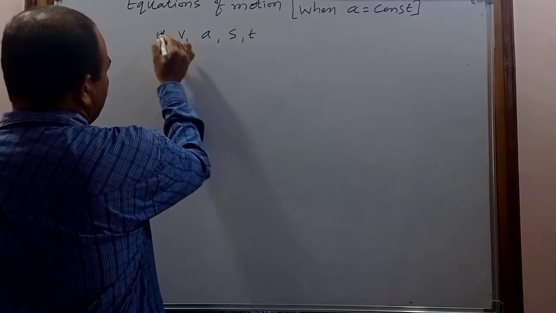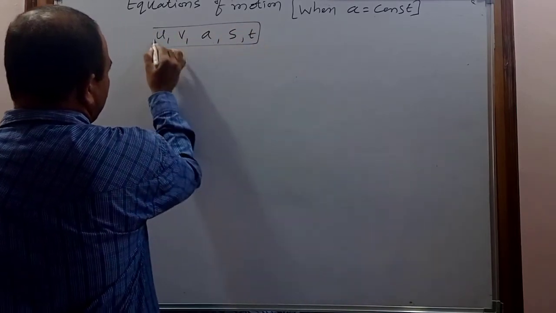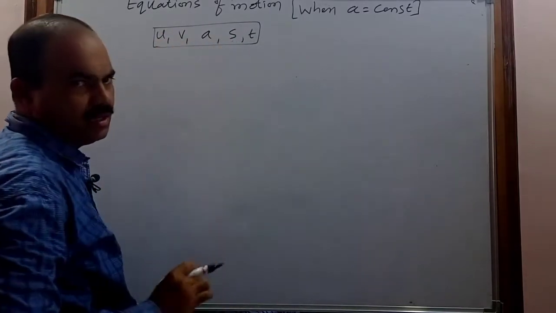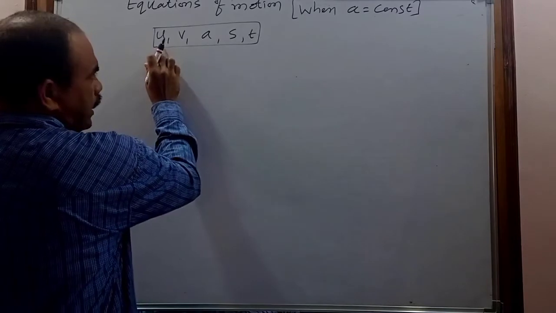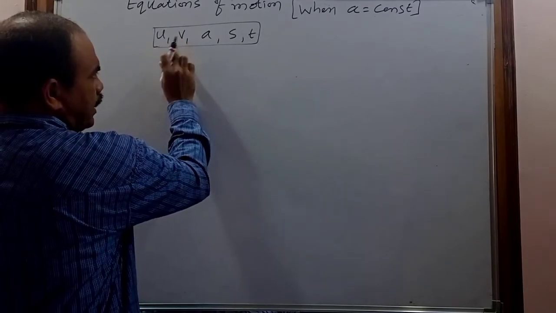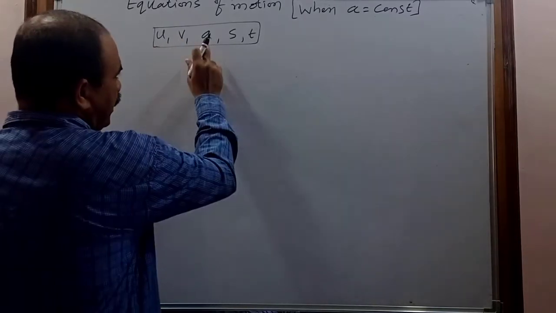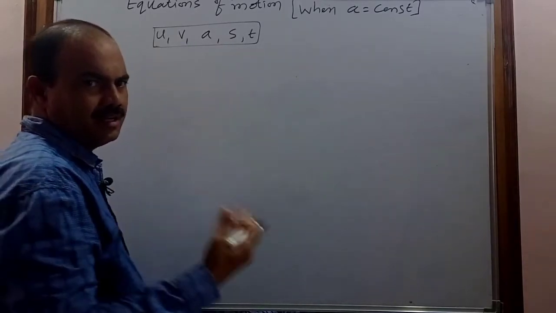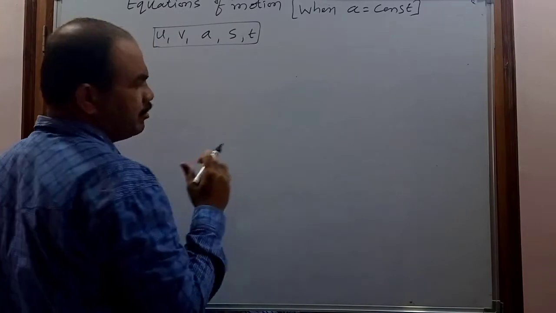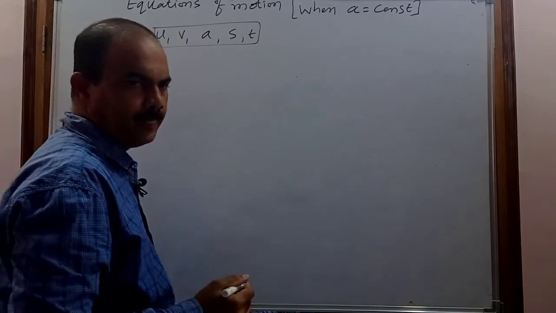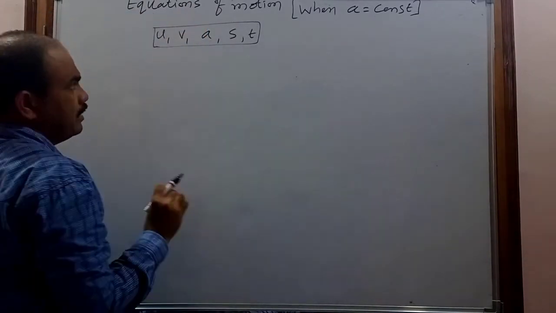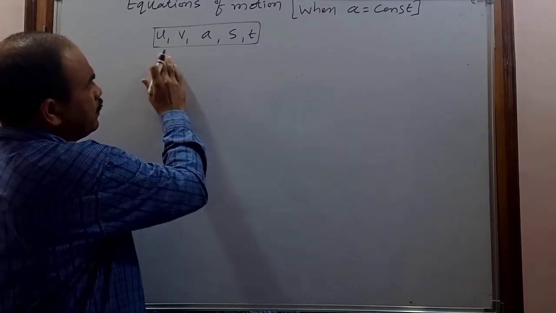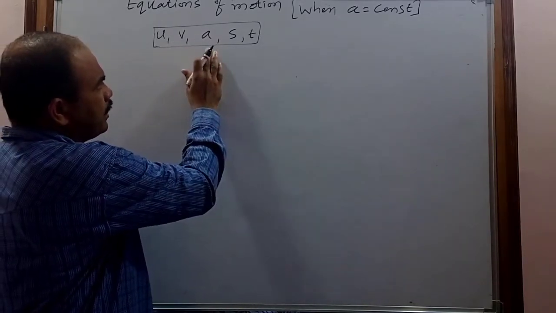What are these physical quantities? u is the initial velocity, v is the final velocity, a is the acceleration of the body, s is the distance or displacement, and t is the time taken for the journey. So the equations of motion are the equations that give the relation between u, v, a, s, t.